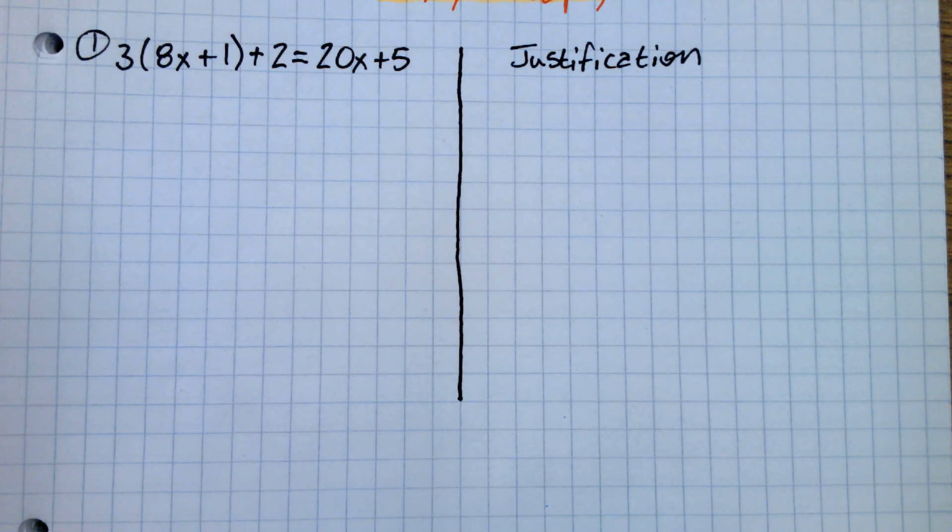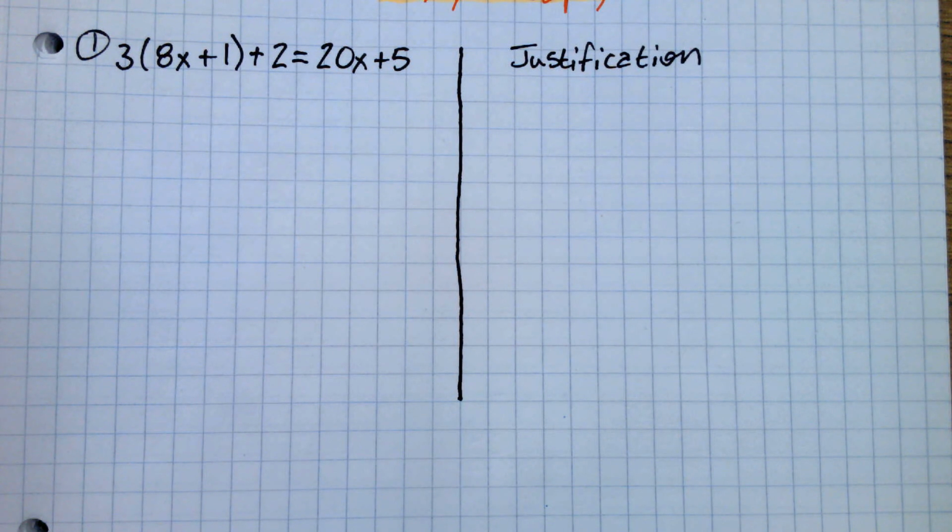Okay, so go ahead and write that down. So like I said, the steps, we pretty much know the order, hopefully. We just have to write them down and explain why we're doing that step.